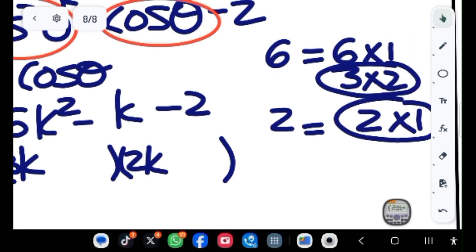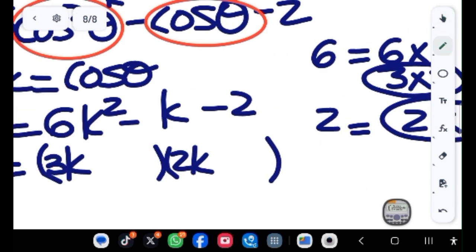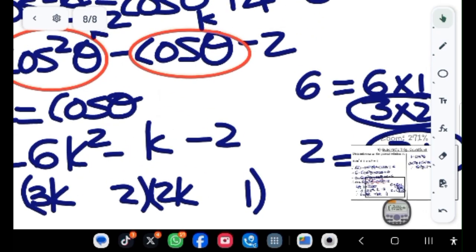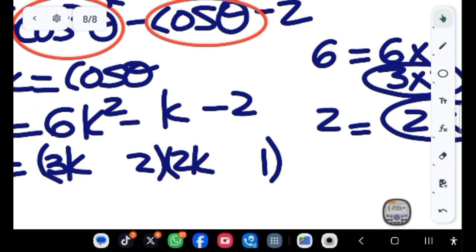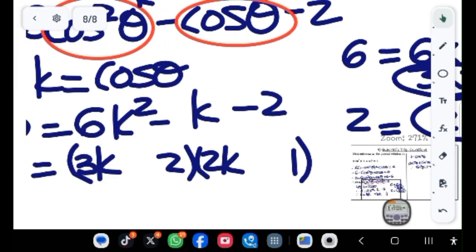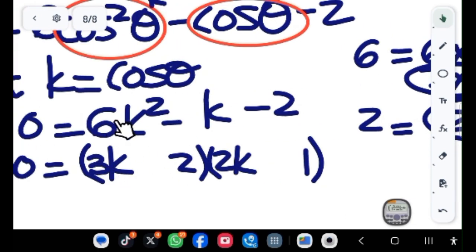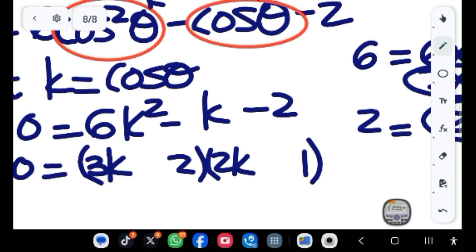3 times 1 will be 3, so that will be 3 minus 4. Let's see, 6k squared catered for 3k, 4k. So that will be plus 3k minus 4k.